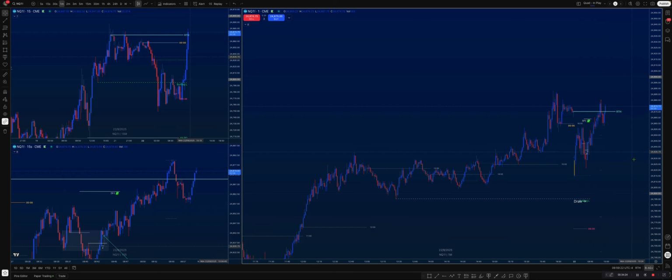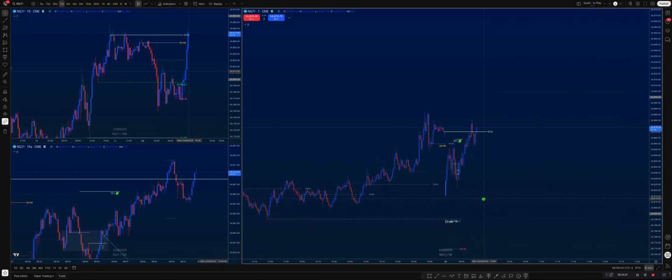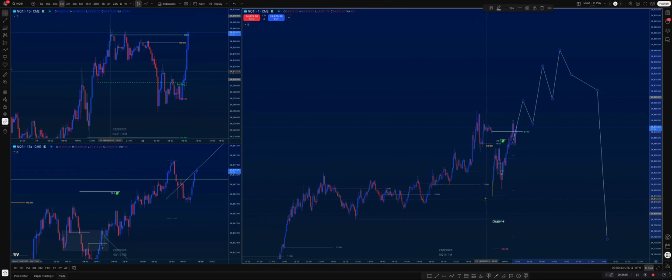Well, next time it comes down here, I'm going to buy support. So maybe price, especially since it's Monday, is planning on doing something like that, and then coming down later on. So that could be another possibility.